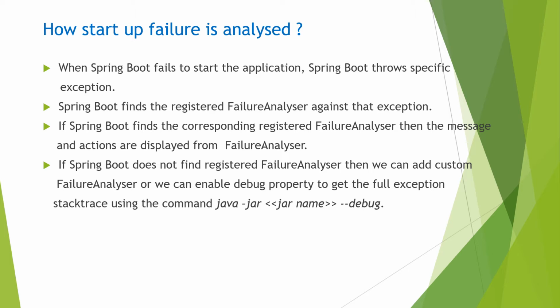If there is a registered failure analyzer, Spring Boot checks the corresponding description or message and the next step, the action the user needs to take. The messages are displayed in an organized way.